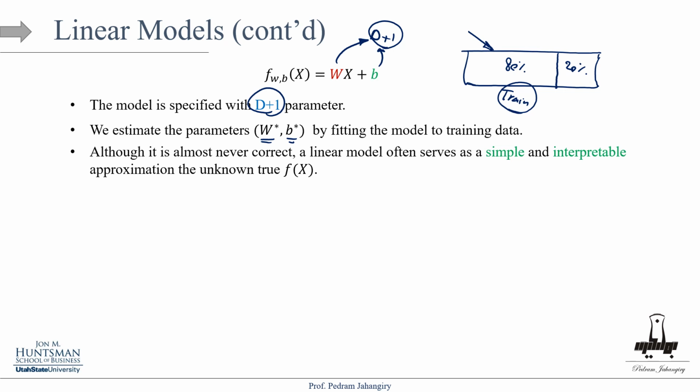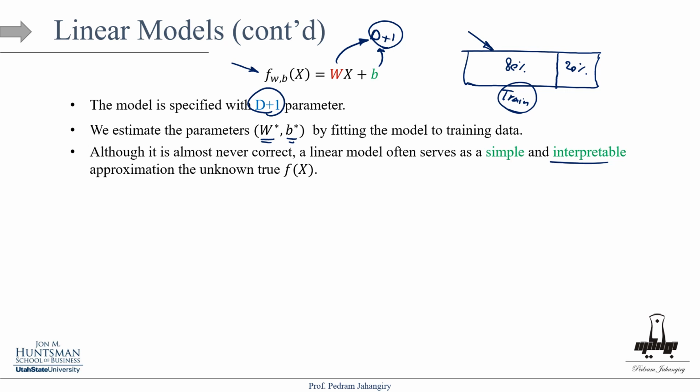Then although it is almost never correct, a linear model often serves as a simple and interpretable approximation of the unknown true f of x, right? So remember, guys, at the end of the day, we are trying to estimate this true relationship in the data, but we know that it's unobservable.